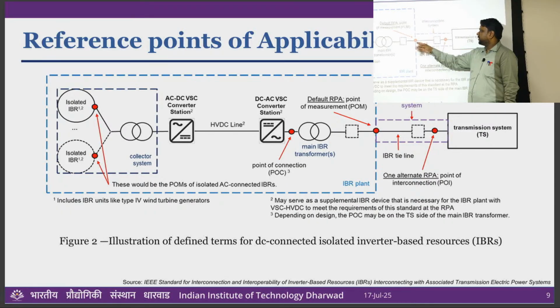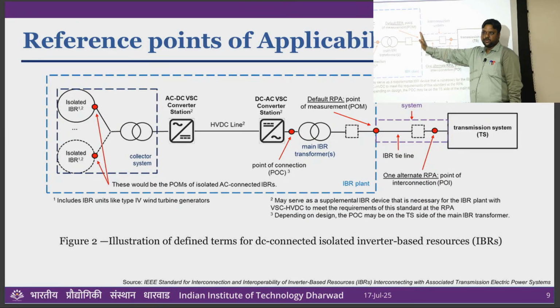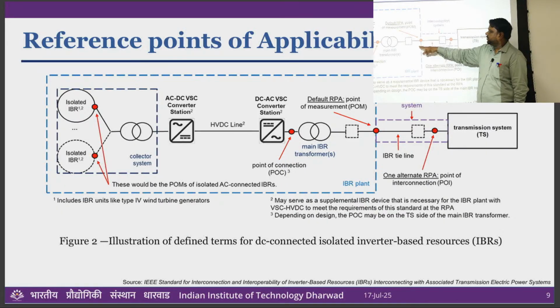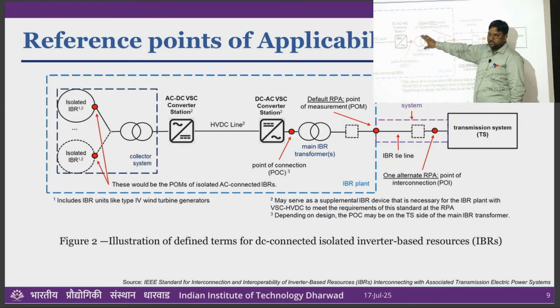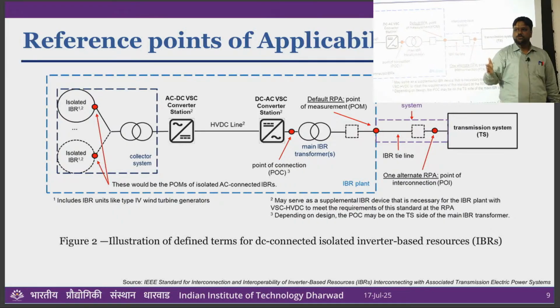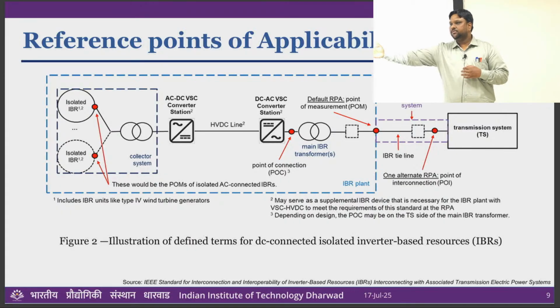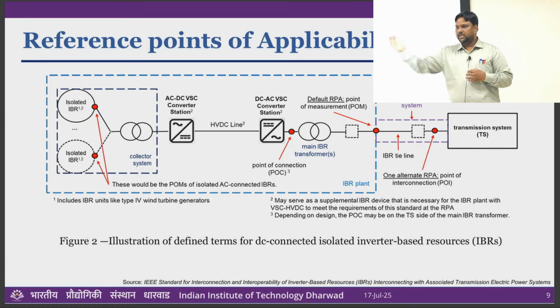But sometimes, between your IBR connection point and the rest of the grid point, there might be some kind of high voltage line. If the line exists, the grid people will tell you which to take as the point of interconnection, whether the HV line this side or that side. You understand, this is your HV transformer. Sometimes you connect to the grid exactly at the transformer secondary, but sometimes they give you this much length of high voltage line you have to lay down, then you connect to the grid.